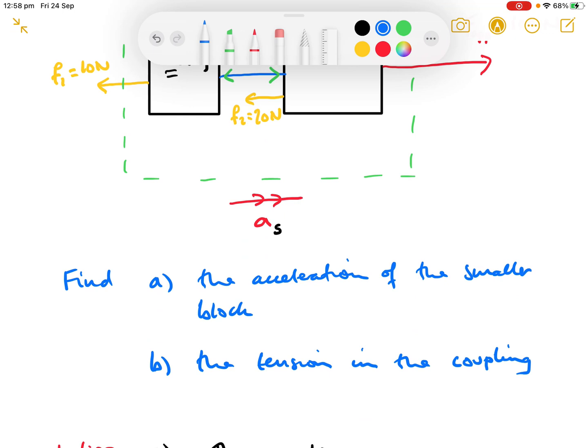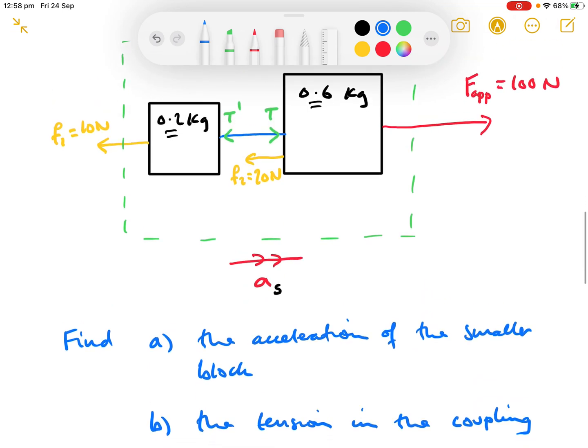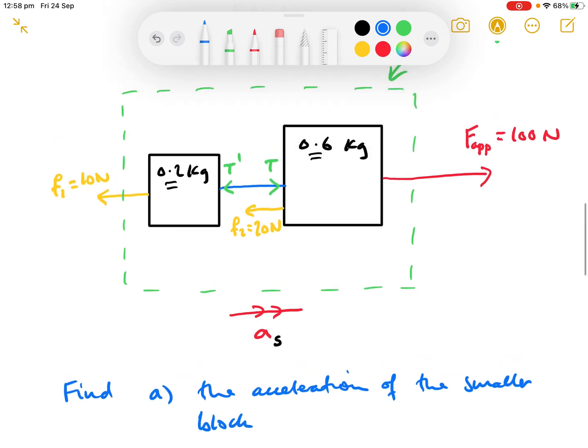Right, so there's our system and blocks accelerating. Second part, what's the tension in the coupling? Now, whenever you're asked for the tension in the coupling, you're not dealing with the whole system, because the whole system is the two blocks together all moving. To get into the tension, you always need to draw a free body diagram for one of the blocks only.